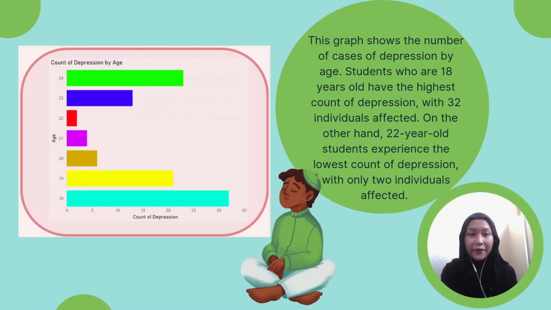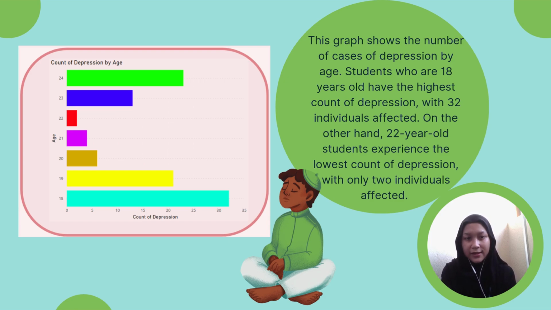Next, this graph shows the number of cases of depression by age. Students who are 18 years old have the highest count of depression, with 32 individuals affected. This is likely because 18 year old students are new to university life and may find it difficult to adapt to their surroundings.